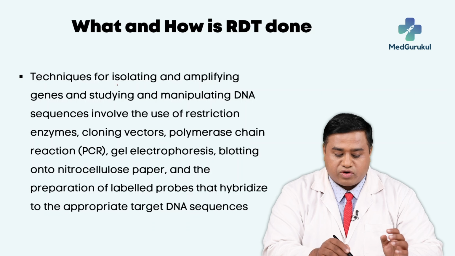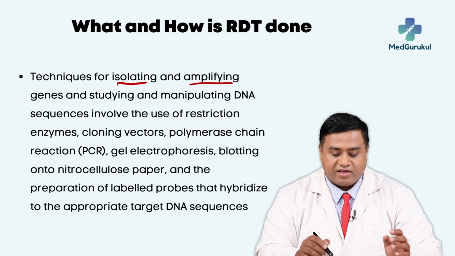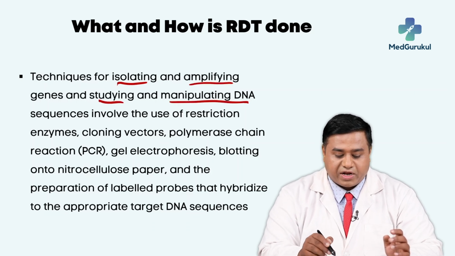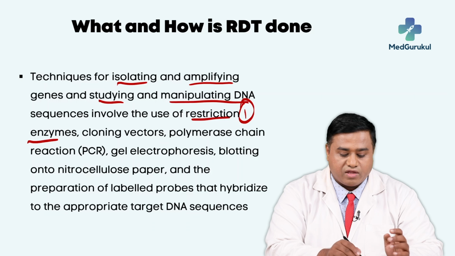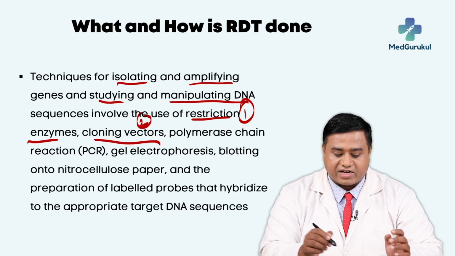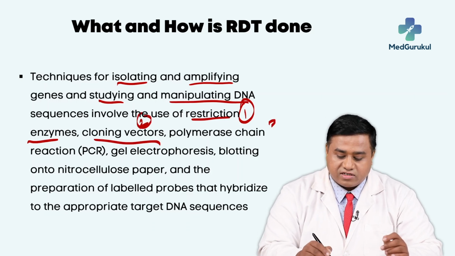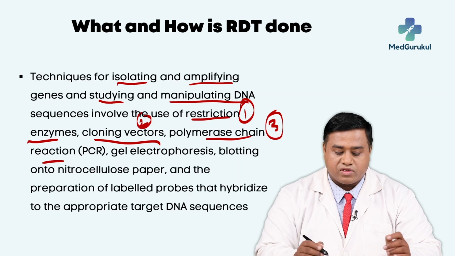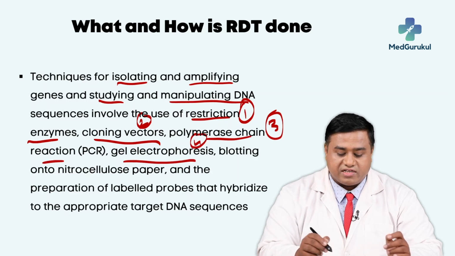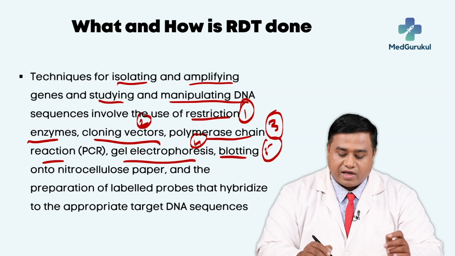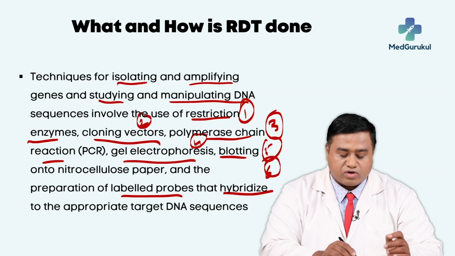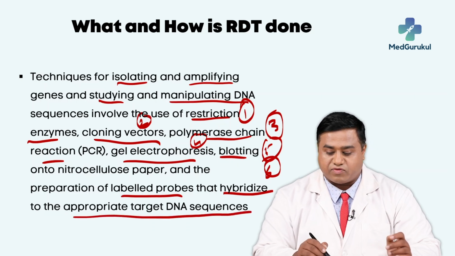So, the technique of isolating and amplifying DNA for study as well as manipulating involves the use of 1. the restriction enzyme, 2. the cloning vectors, 3. the PCR technique, 4. the gel electrophoresis, 5. the blotting technique, and then 6. the probes for hybridization into appropriate target DNA sequences.